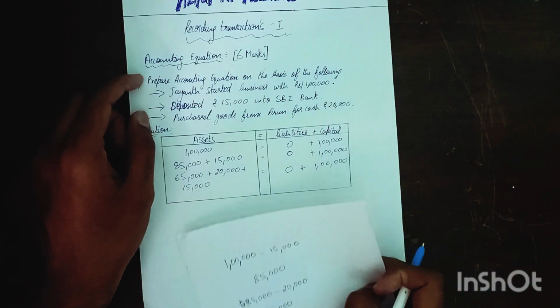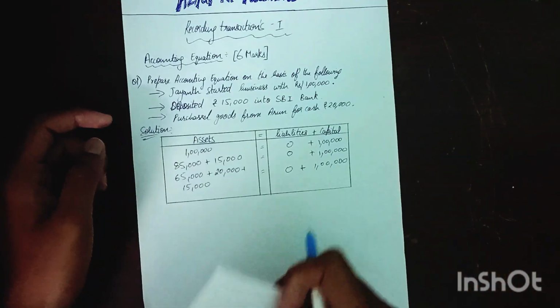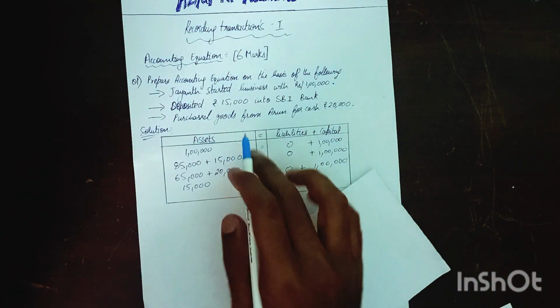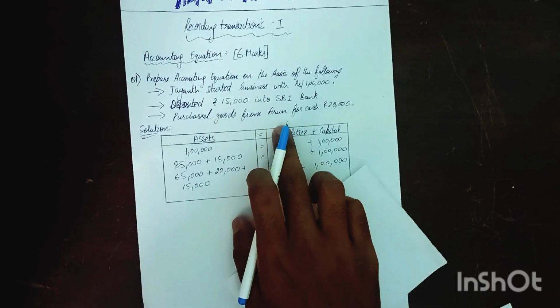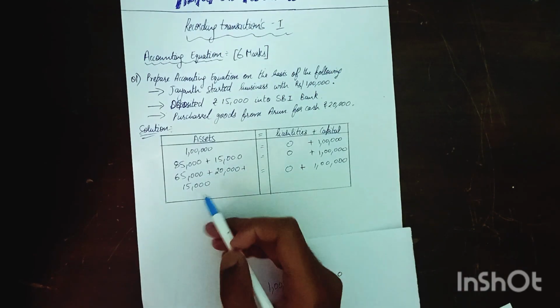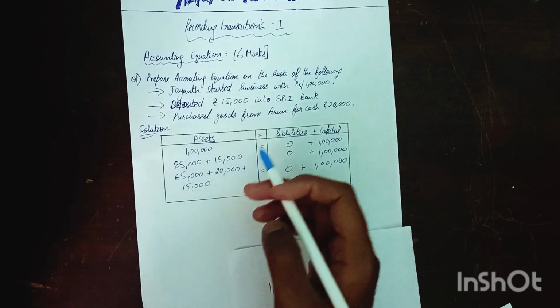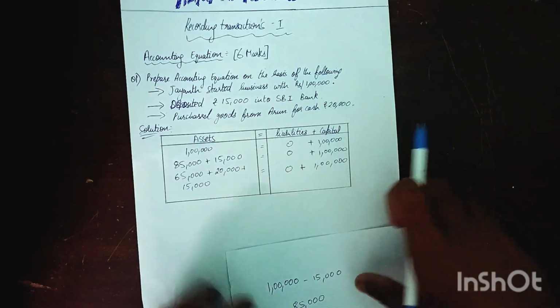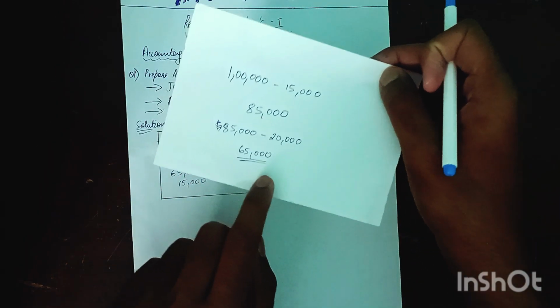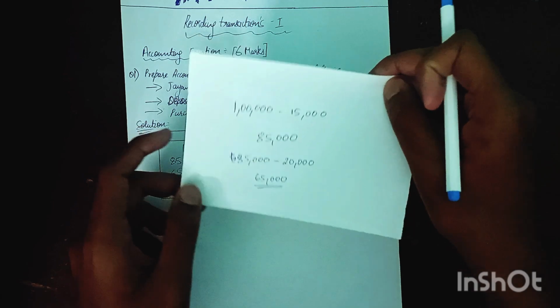Now why did we subtract 20,000 from 85,000? Because we are purchasing goods with cash and goods are our assets. When we sell them, we can gain profit from them.